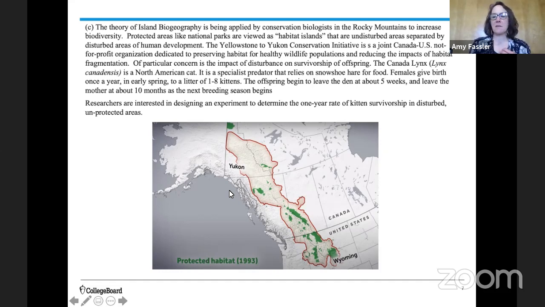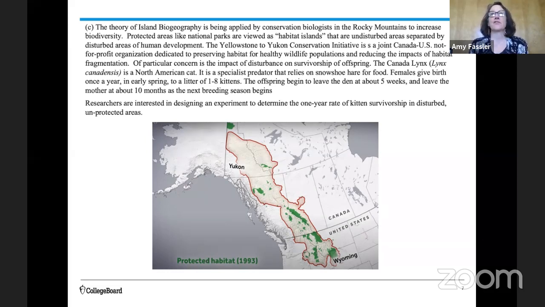And they're looking at the impact of habitat fragmentation. They're specifically looking at the Canada lynx. And unfortunately, you're not going to have a hard copy in front of you, and all those skills that us APES teachers have been talking about all year long, like underlining and circling keywords, you're not necessarily going to be able to do looking at the question on a screen.